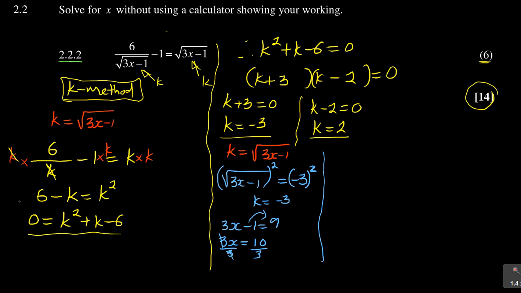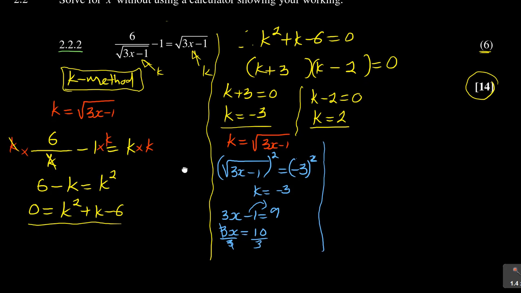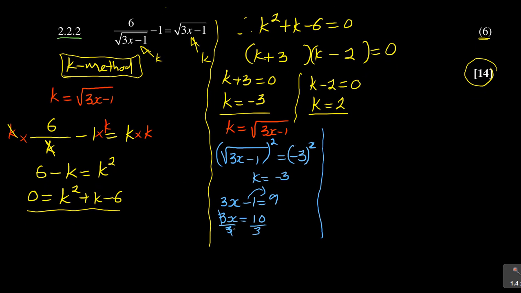So you can see that is my value of x there, such that x is equal to 10 over 3. My first value. What about when k is equal to 2? Therefore, I will have again square root of 3x minus 1 is equal to 2. As I said, square both sides.